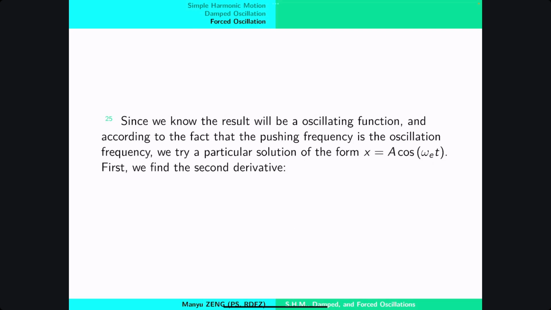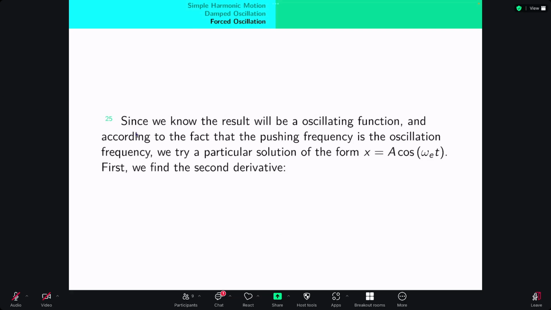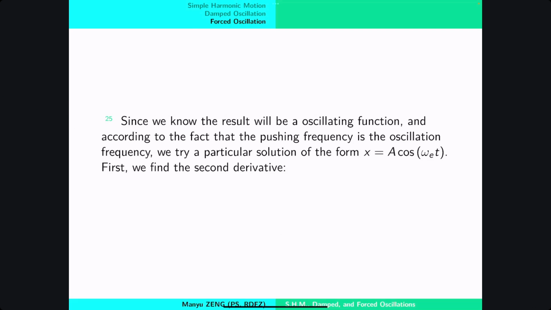So we want the result to be an oscillating function, and when you are pushing and pulling the swing, you find the frequency of the swing is equal to your external force frequency. So we expect the solution, a particular solution, to be of the form x equal to a cosine omega e t. So a is the amplitude and is to be determined, right?